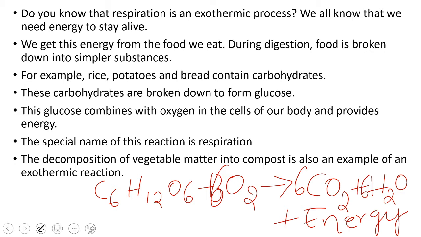So respiration is also an example of an exothermic reaction. Why is respiration termed as an exothermic reaction? Because energy is liberated. In any reaction, if energy is liberated, that reaction is termed as an exothermic reaction. I said exothermic reactions are always represented by minus Q, indicating that energy is liberated.